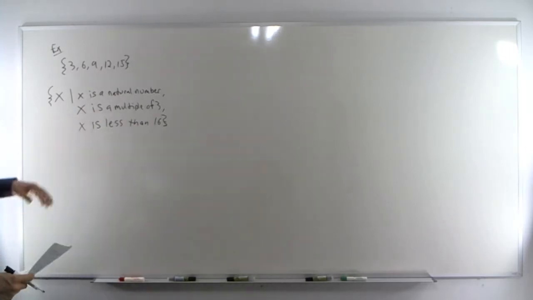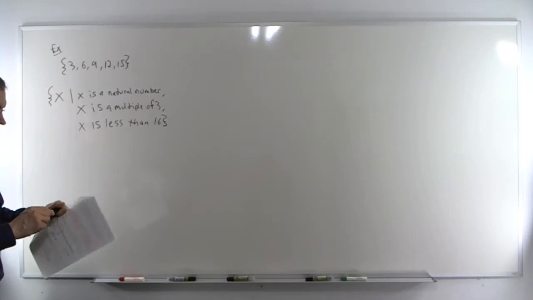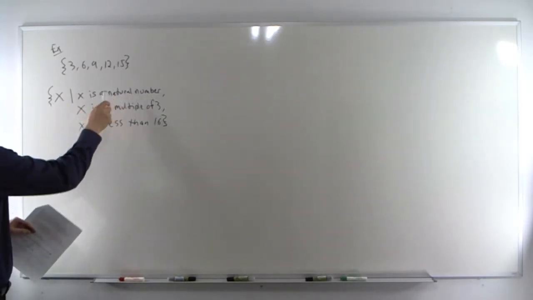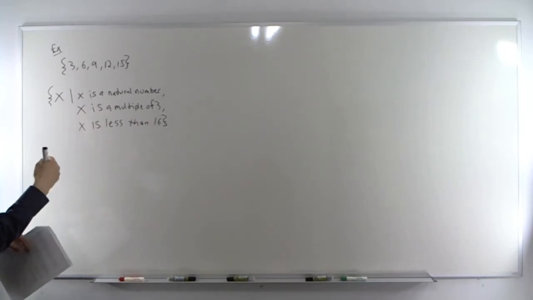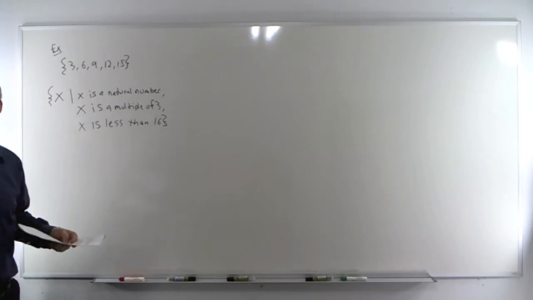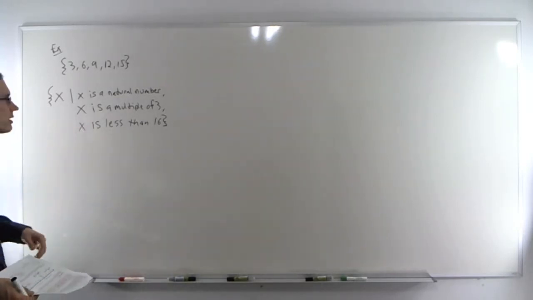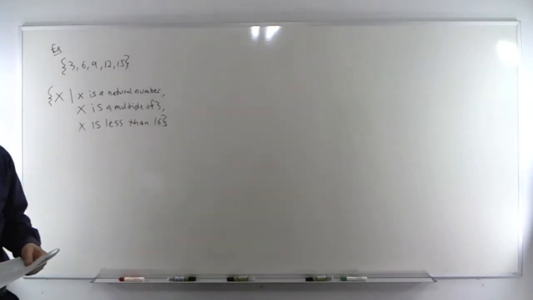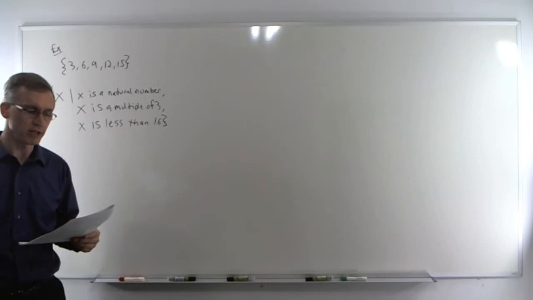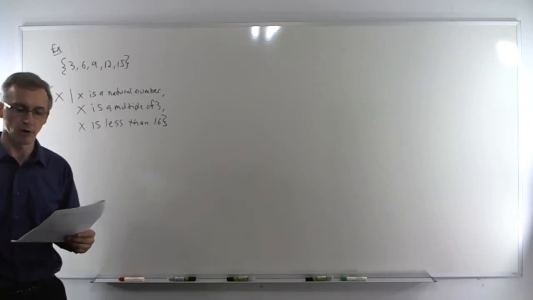Now this is not the only way that this can be written. What we could do is say x is an integer, changes the integer, and then we'd have to add one more requirement where x is greater than 2 or something like that. So there's going to be multiple ways of writing this. This tends to be the most concise way of doing it. All right, that brings us to your turn number 4, looking for 3 different ways using set builder notation to write a description of the set 1, 3, 5, and 7.